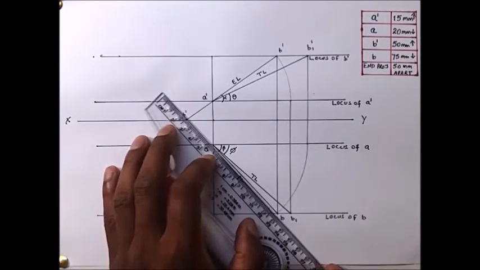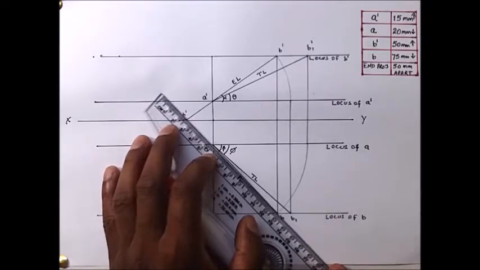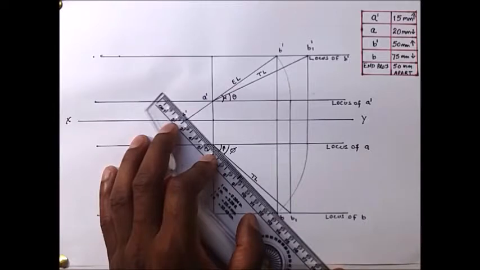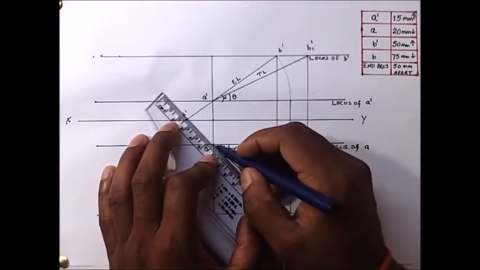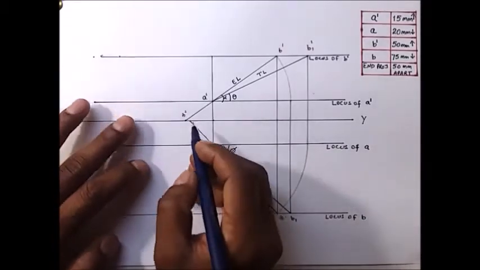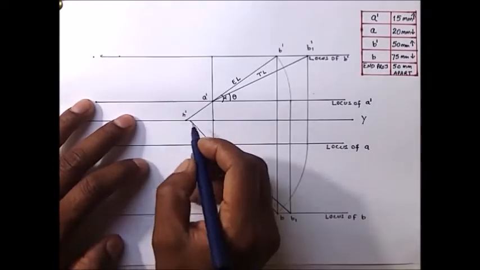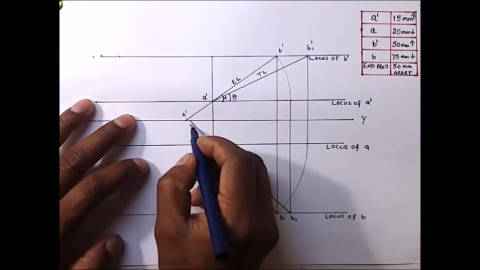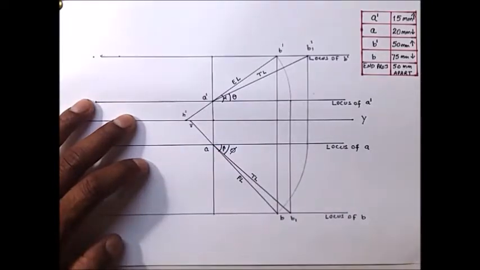Then extend the PL till it touches the XY line, and the point where it touches the XY line will be point V.